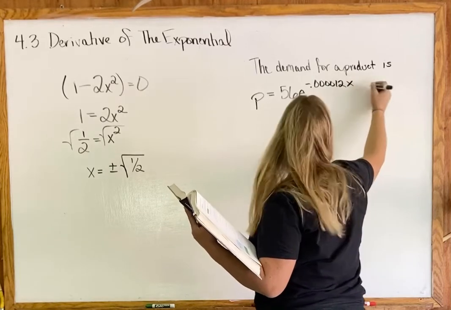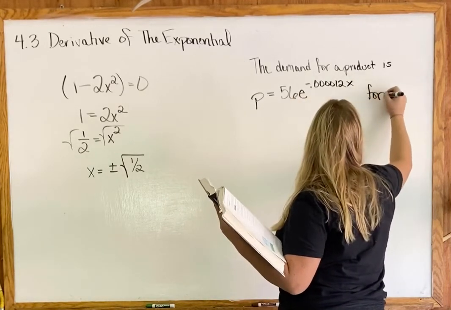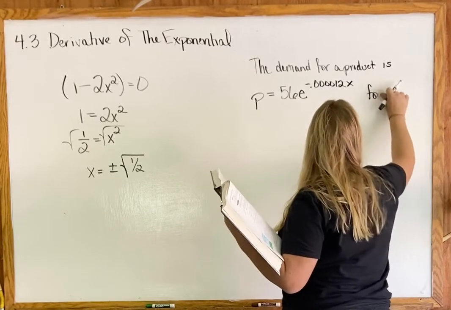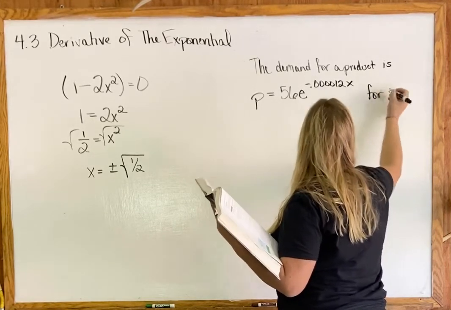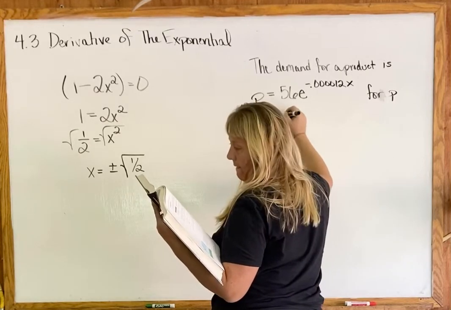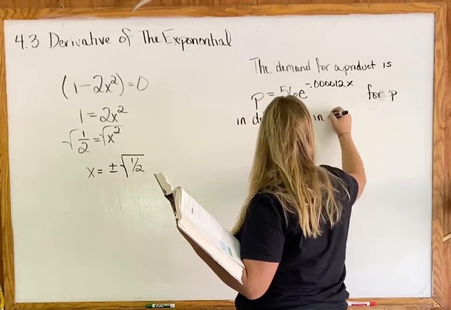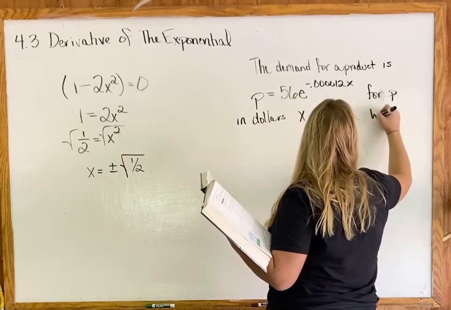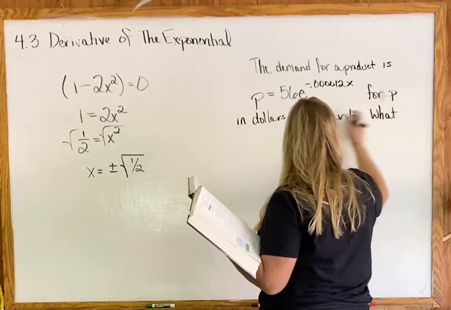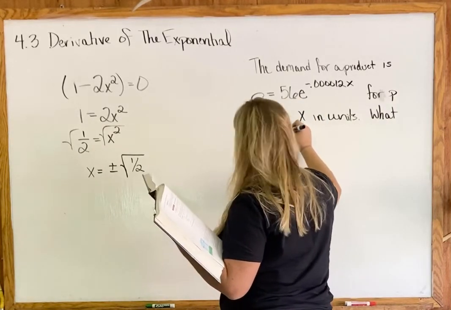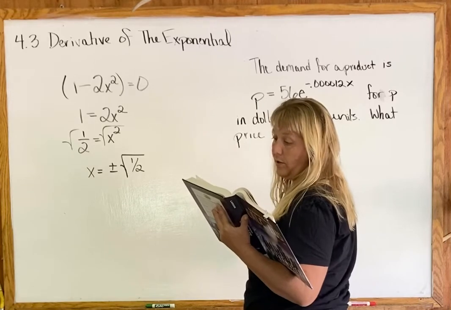For P in dollars and X in units. What price will, what are we trying to do here?